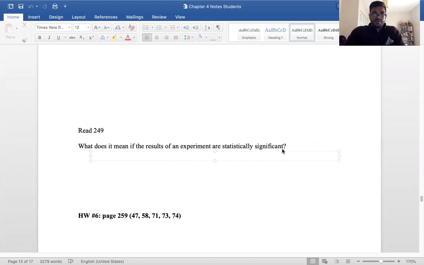And so what does it mean for results of an experiment to be significant? The results are significant if they are unlikely to occur because of possible imbalances created by random assignment.